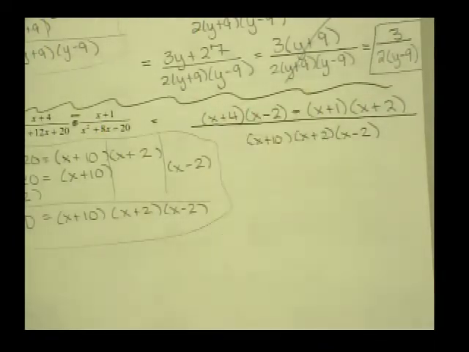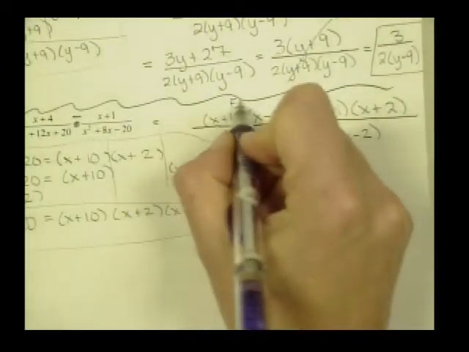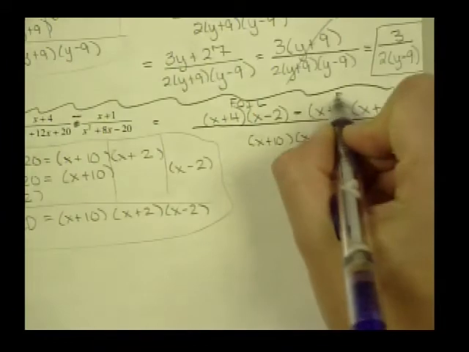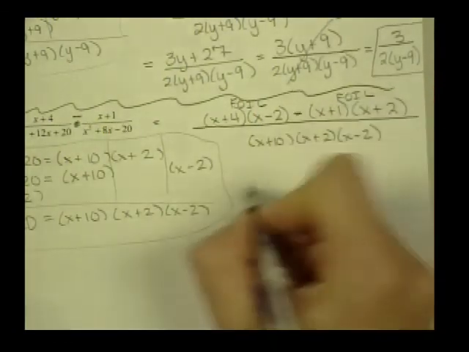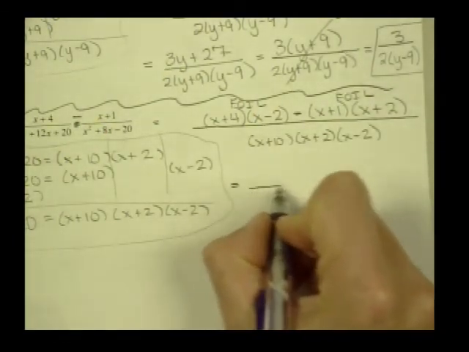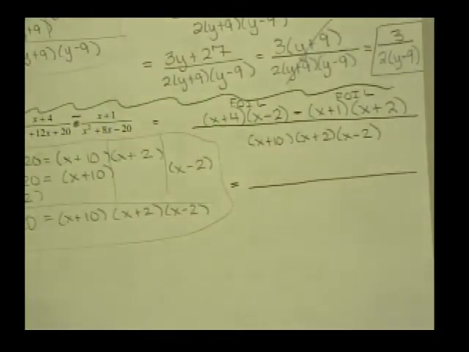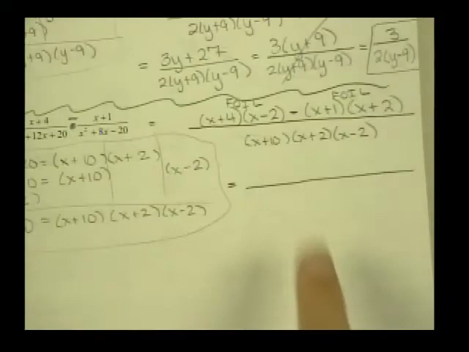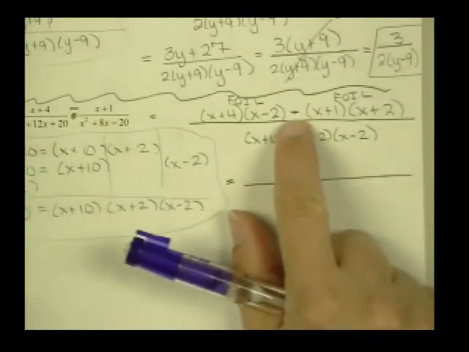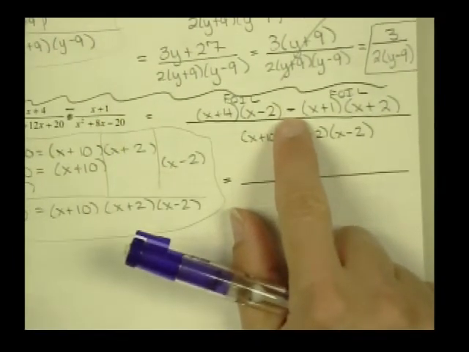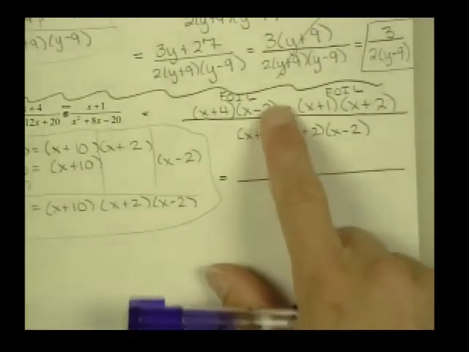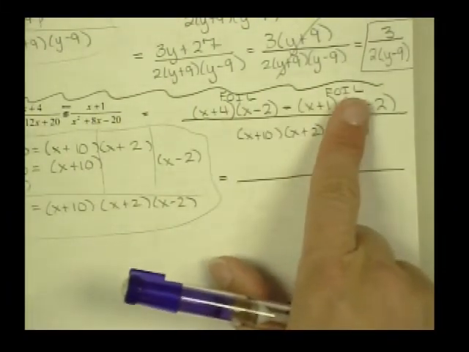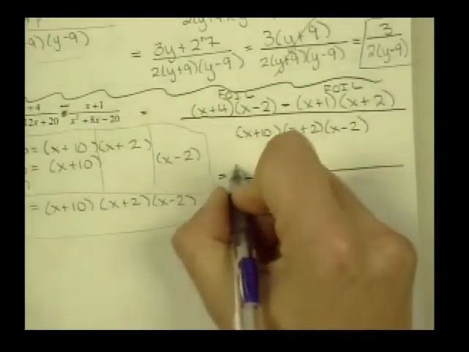In the top, I'm going to do FOIL here and here. And I'm going to leave it in parentheses, especially because the second one is being subtracted. So I want to do FOIL first, and then after that, we'll worry about distributing the negative.